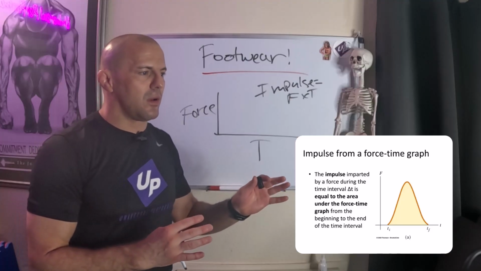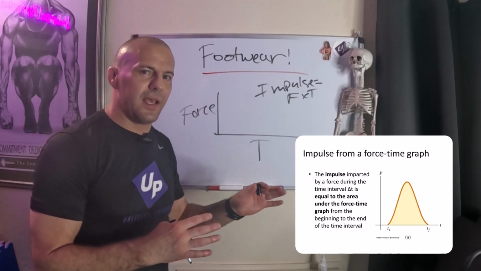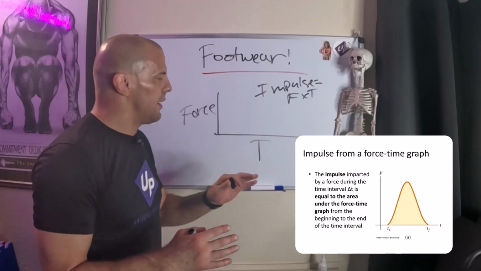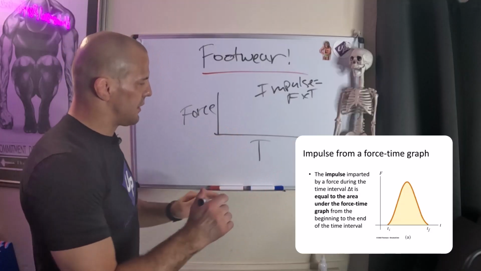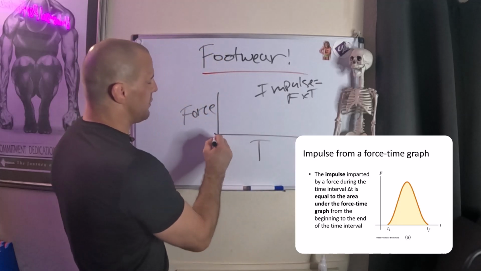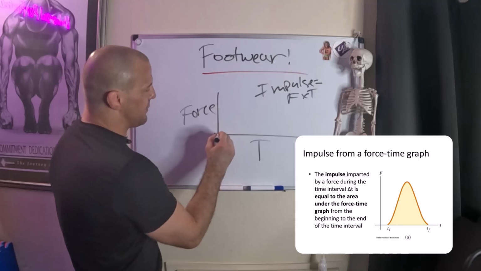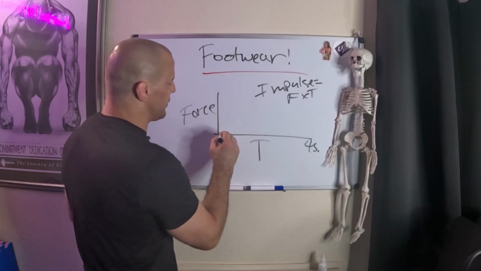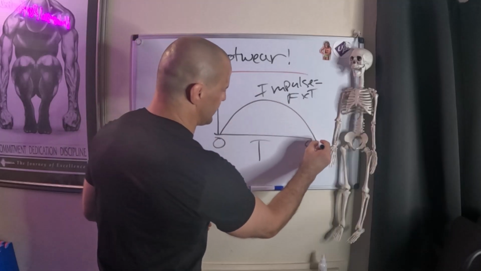If we work on concrete all day, or if we decide to go deadlift, or if we run on a track, this is what it looks like. So if we go 4 seconds here, go 0, and if we have a certain amount of newtons of force, we'll just say that the curve looks like this.